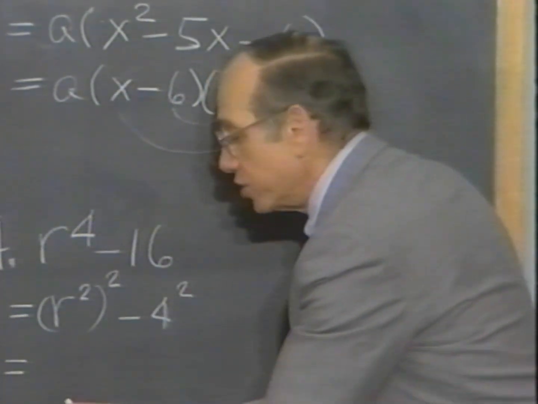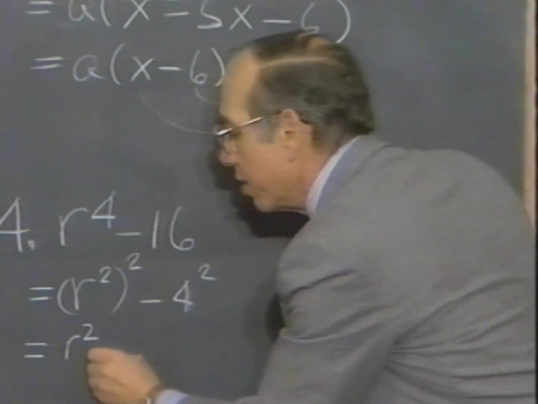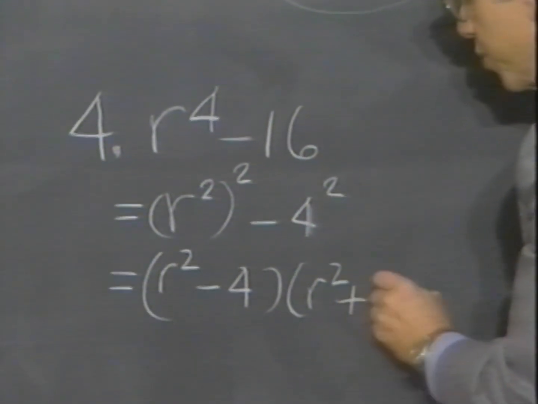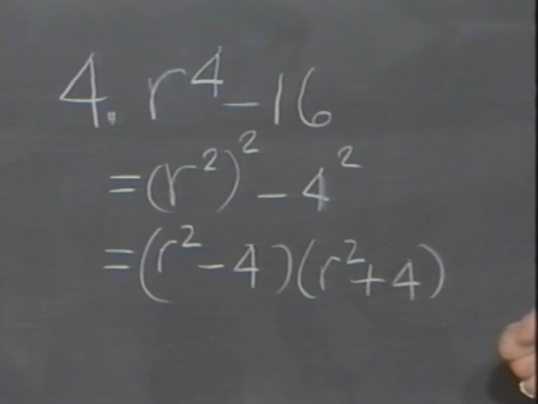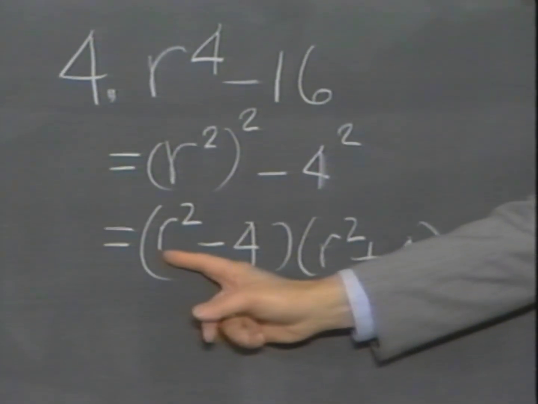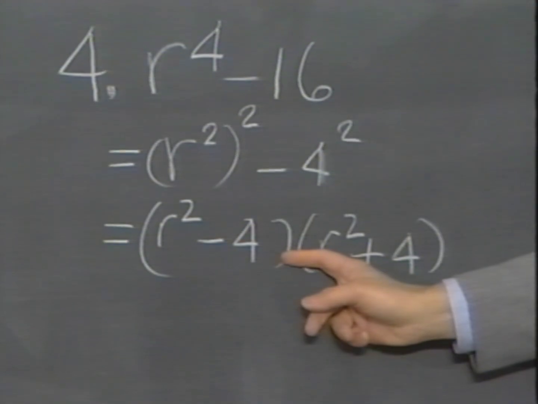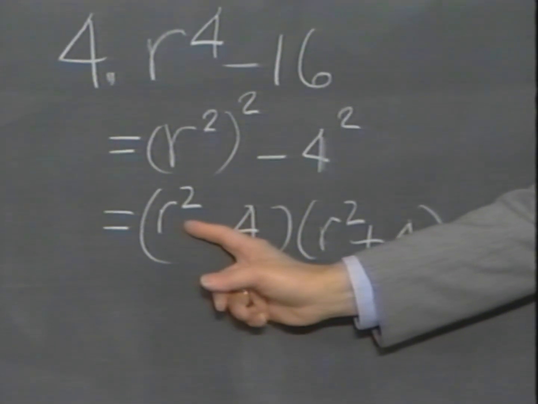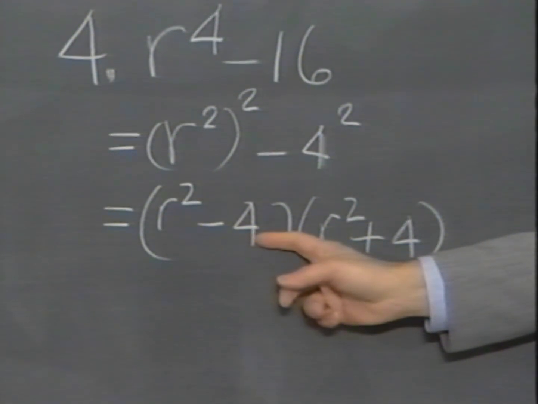Now, we know the difference of two squares. This is r squared minus 4 times r squared plus 4. But are we done? Well, no, we're not, because this first factor is itself the difference of two squares. This is r squared minus 2 squared.